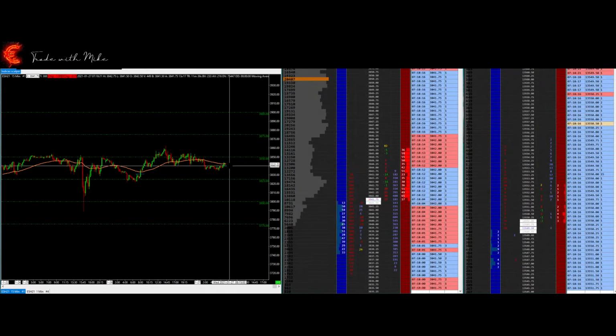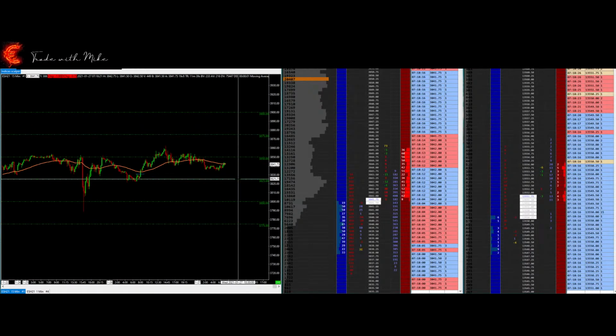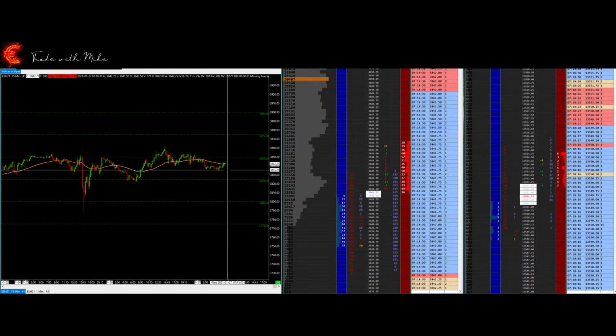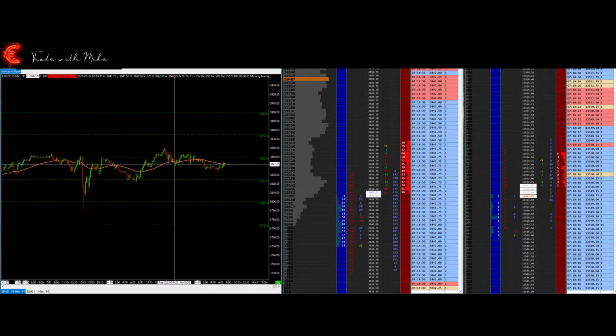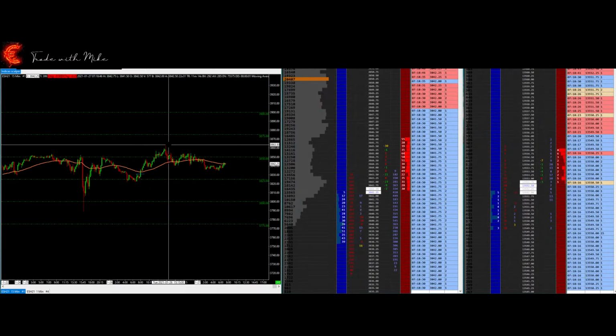Currently I'm looking for a movement downwards to 25, because it's simple, right? We have a high, lower low, lower high, lower low, lower high, and it's a bearish trend for now.